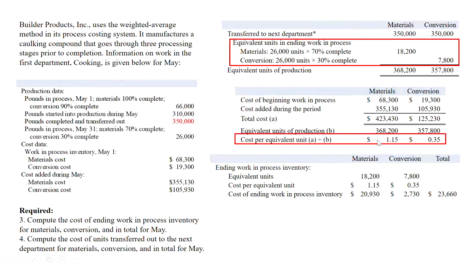I'm going to multiply that times the cost per equivalent unit of materials in step 2 of $1.15, and I get material costs only in ending work in process inventory of 20,930. Similar for conversion.